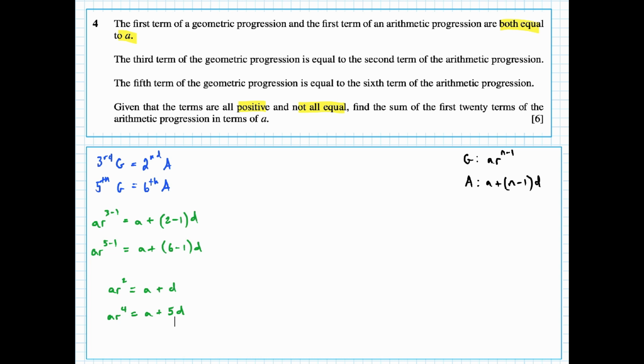One way you can do this is if you take ar to the power of 4 equals a plus 5d, our second equation, if you will. If we multiply that by a, we can get a common set of terms there. So we'll end up with a times ar to the power of 4 is equal to a times a plus 5d.